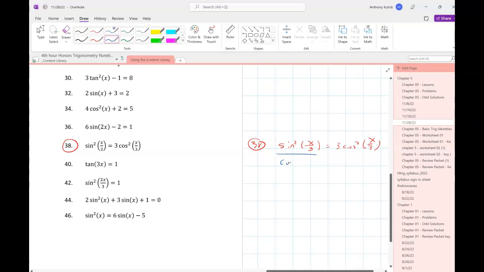Now, typically, is this a good idea, if I divide both sides of an equation by something with a variable in it? Typically not, right? Why not? Could be getting into a situation where you're dividing by 0.